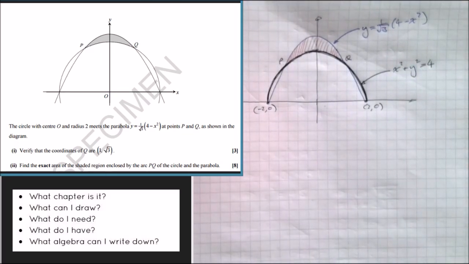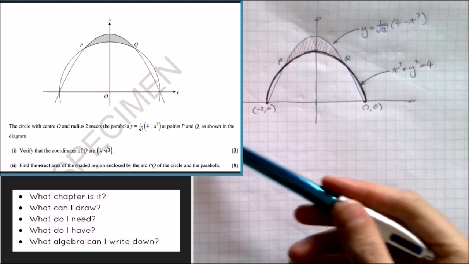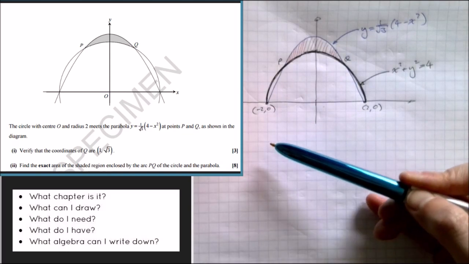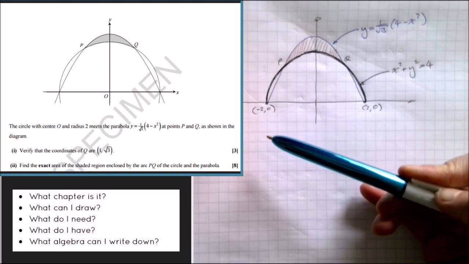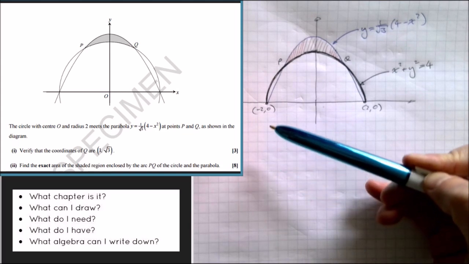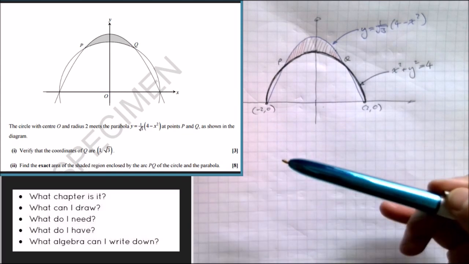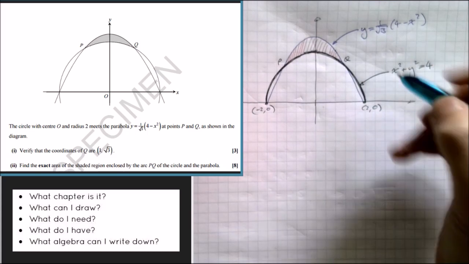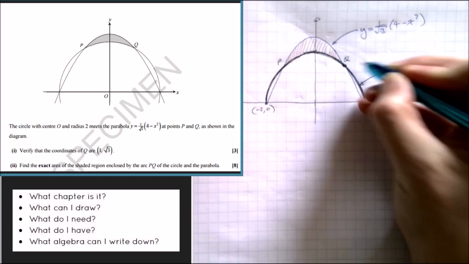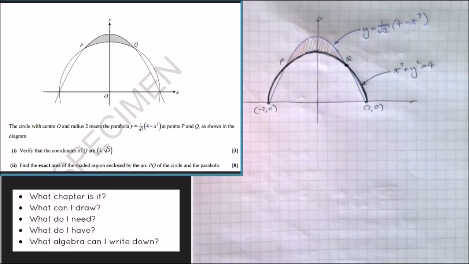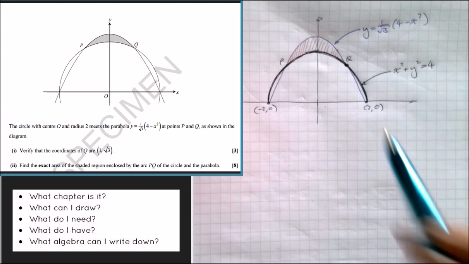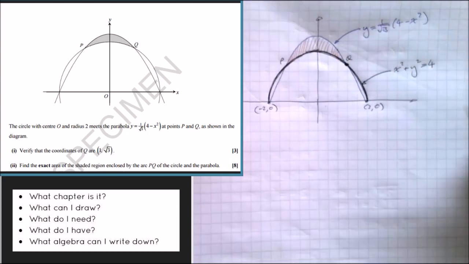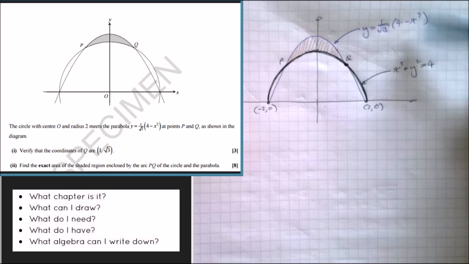Alright. Now, is there anything else that I haven't written in? No. What do I need? The coordinates of Q. Now I have an association in my brain of finding the intersection between two curves as simultaneous equations.